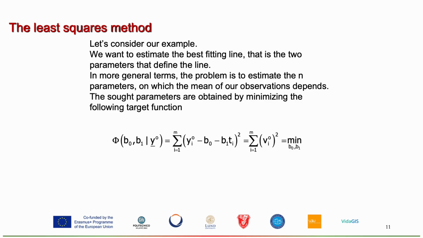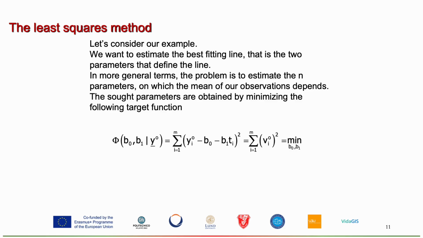We suppose to know the covariance matrix of the errors, and we want to find an optimal estimation of our unknown parameters. For example, let's go back to our example of the best fitting line. In this case, we have to estimate two parameters, b0 and b1, and in general n parameters.